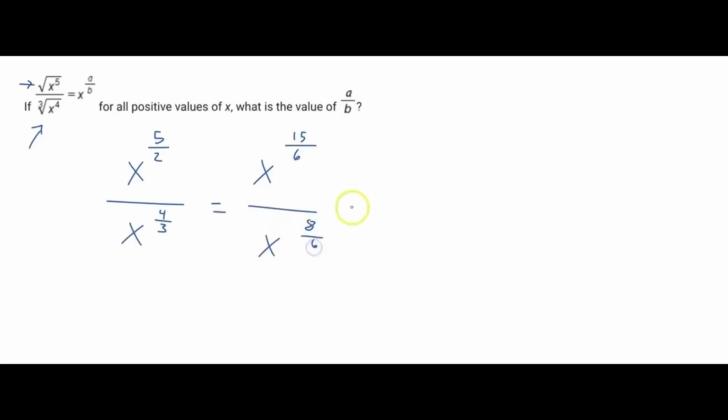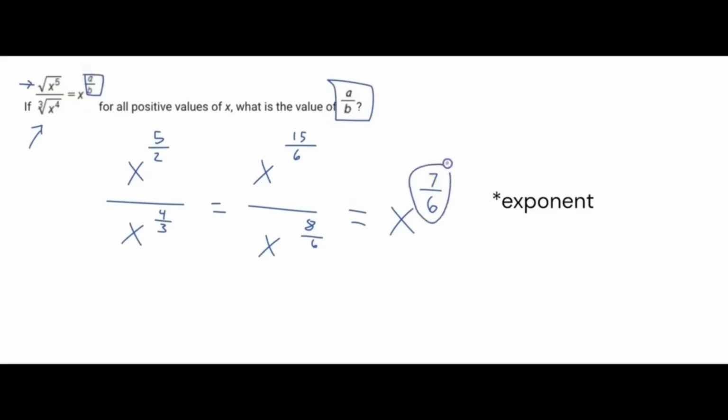And so now, because we have the same base, we can just subtract the powers. So 15 sixths minus 8 sixths is just 7 sixths. And so ultimately, they want to find the value of a over b. And we can see a over b is just the power above x, and there is your answer. So the answer here is 7 over 6.